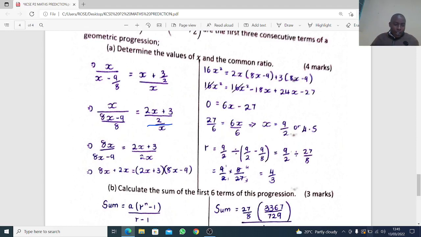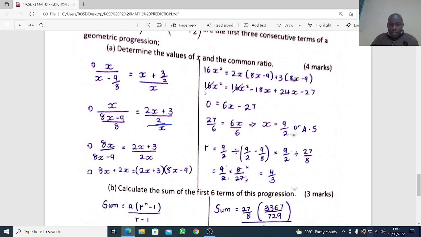So after dividing, now we cross multiply. It becomes 8x times 2x equals 2x plus 3 into 8x minus 9. Here this gives you 16x squared. You expand this one, and you get 16x squared minus 18x plus 24x minus 27.